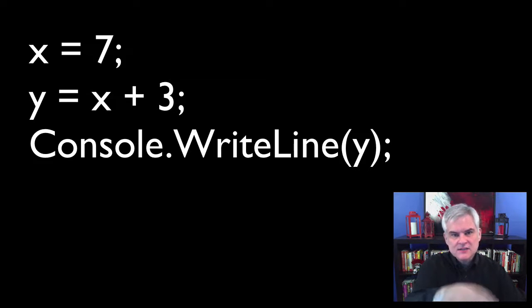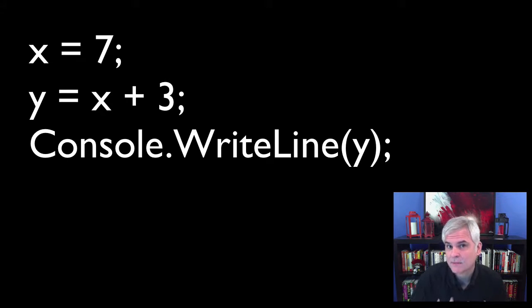So in the case of this little code snippet on screen right now, we would expect both x and y to hold numeric values. Now we know that, but we have to use C# to express that to the .NET Framework runtime. Remember, the runtime is what does the hard work of managing the execution of our application.